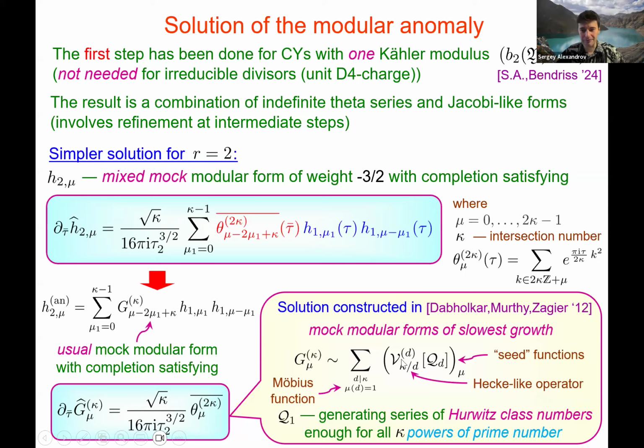So no complications here. Okay, can I ask a question here? Sorry, Sergei, may I? In the case that r is bigger than 2, how does the structure of that anomaly equation change? Is there a big change to the anomaly equation? Is the structure similar? Well, the structure is similar in the sense that there will still be h1, h2, for example, and also a term with h1, h1, h1.